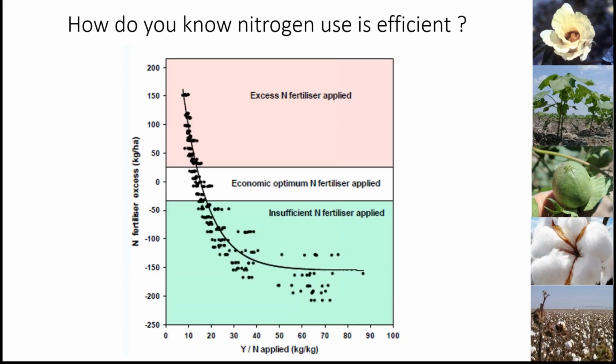And what this is suggesting is that somewhere between about 12 and 17 kilograms of lint per kilogram of N supplied, we've got it about right as far as the nitrogen's concerned.